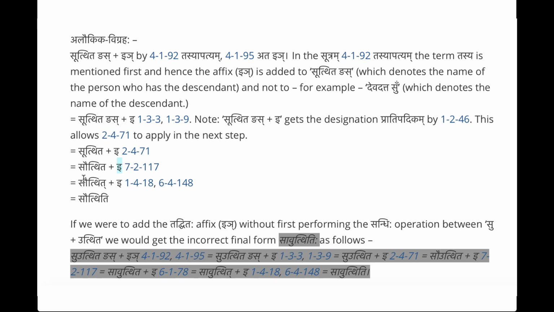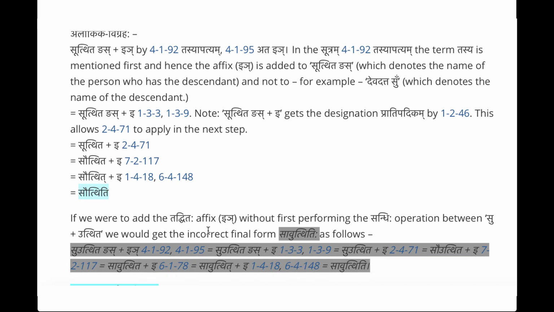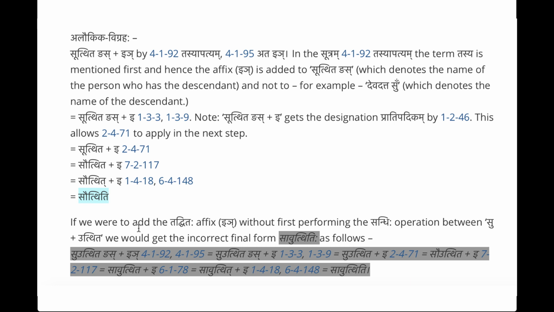So therefore 1.4.18 Yachibham can be used here to give the designation Bha to the Angam Sauthita. And then 6.4.148 Yasyetisha prescribes the lopaha of the ending letter A of the Angam Sauthita. So we get Sauthita E, which is Sauthiti. That is the Pradipadikam which denotes the descendant of Suthita.